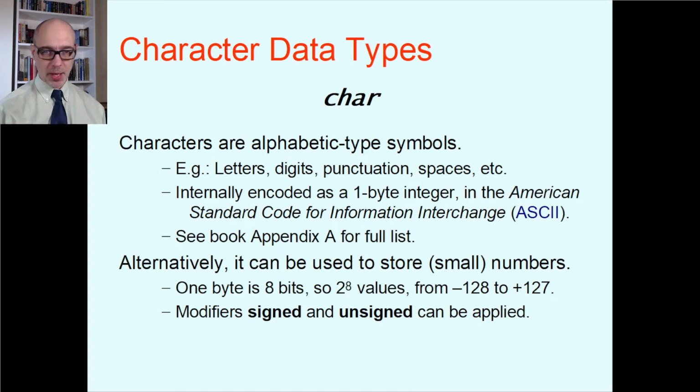So with 8 bits, I would have 2 times 2 times 2 times 2, 8 times, or in other words, 2 to the 8th power number of possible things I could store there. Well, 2 to the 8th is actually 256. And what happens is we use half of those numbers for the negatives, and we use half of those numbers for the non-negatives, for the 0 through the positives.